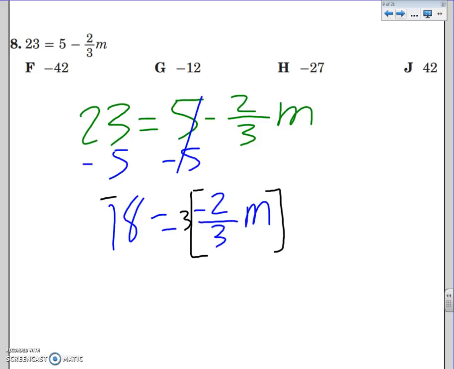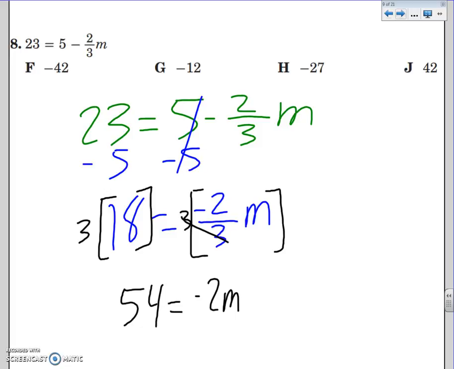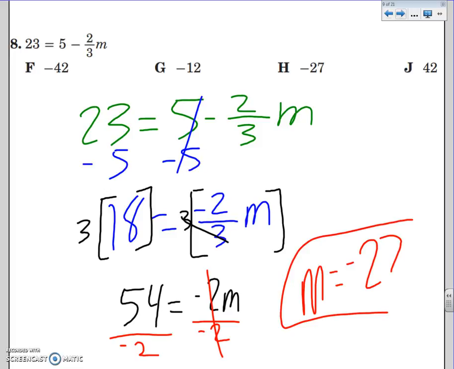So I'll do the official way. All right, 18, 36, 54. Those cancel. Negative 2M. Last step. Negative 27. 8 is H. Good.